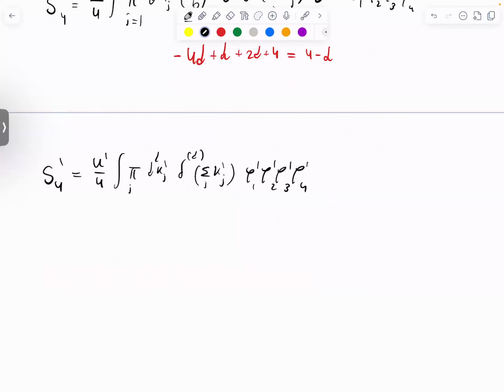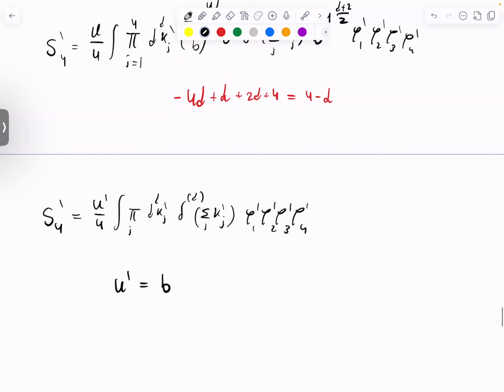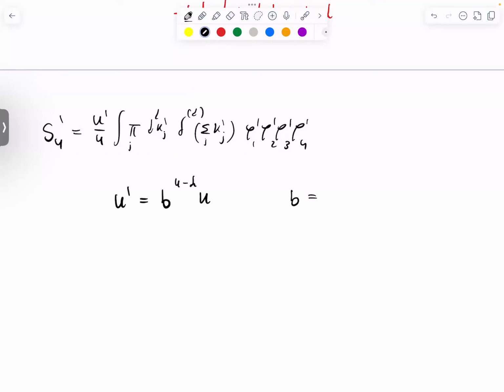And I get that u prime is equal to b to the power of 4 minus d times u, and if I make b equal to e to the dl, a small infinitesimal change, then I get that du/dl at this level is 4 minus d times u. Okay, so what we have here is a tree level.